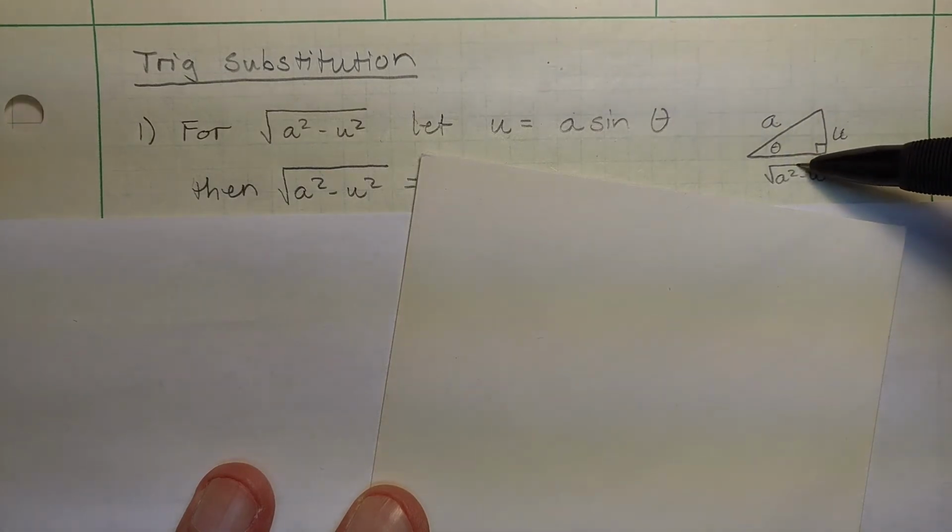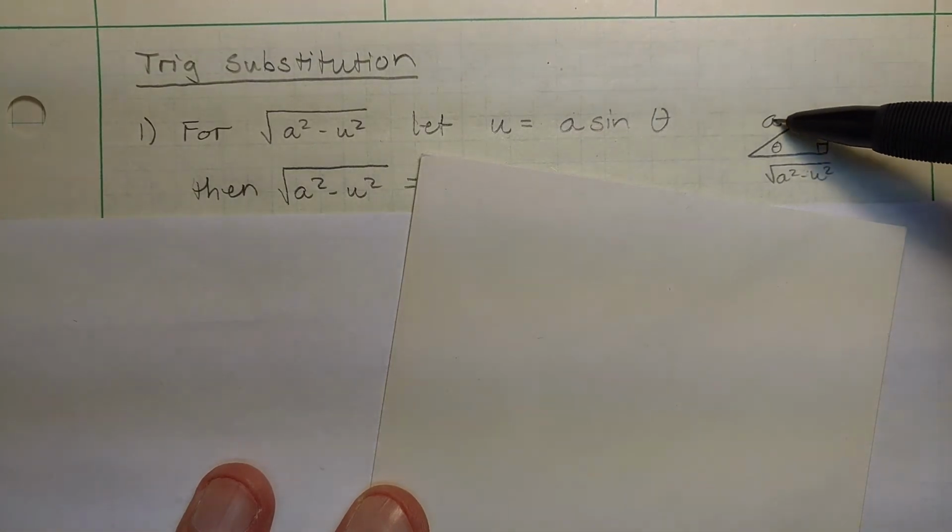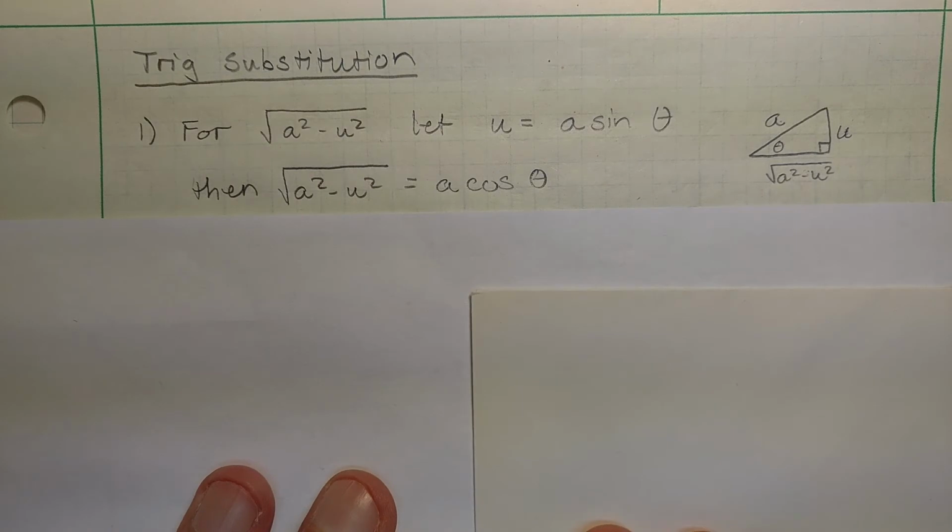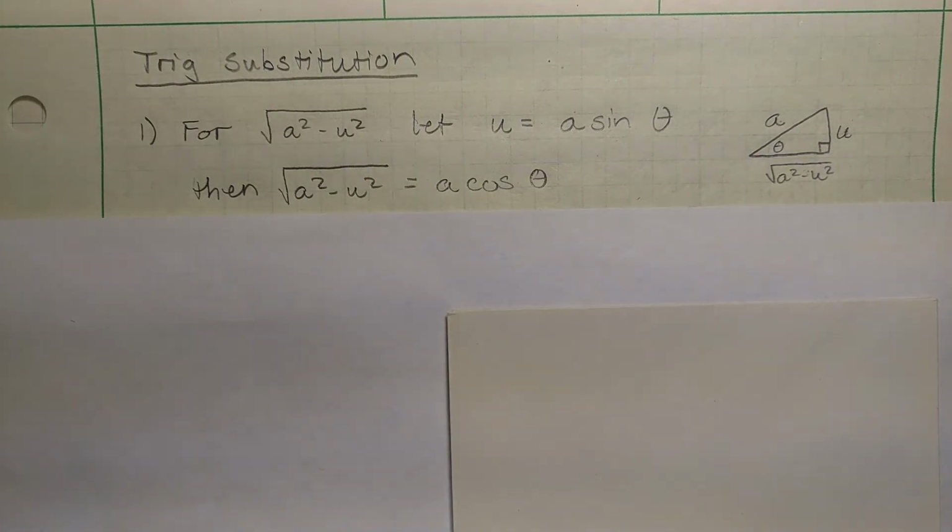So if I simply solve for this by multiplying both sides by a, I get that the square root of a squared minus u squared is just a times the cosine of theta. And from that, I usually have enough where I can do my integration. All right, so we'll move through these others pretty quickly.